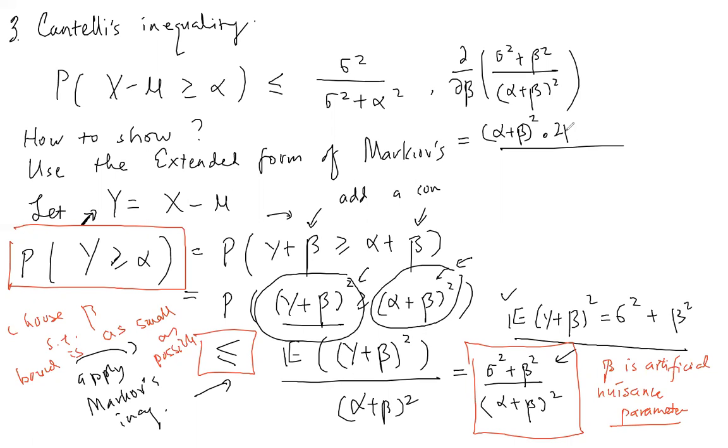Times 2 beta plus times 2 alpha plus beta, right? And then over here is alpha plus beta squared, so get power of 4. So you want to force this to be 0.